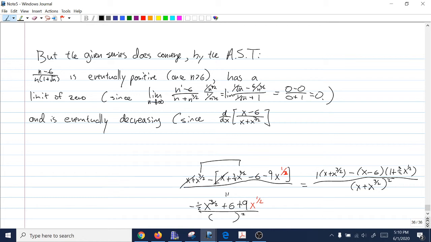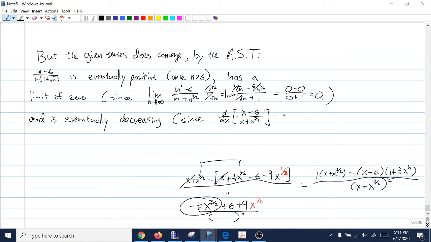How do I show that this is negative? The key thing is that this is the biggest term on top, and it's the negative one. Do I multiply top and bottom by negative x to the 3 halves? Yeah, that'll work. The derivative of this, I'm not going to write out the quotient rule. I'm writing to a grown-up audience. They don't want to see me simplify gunk like this.